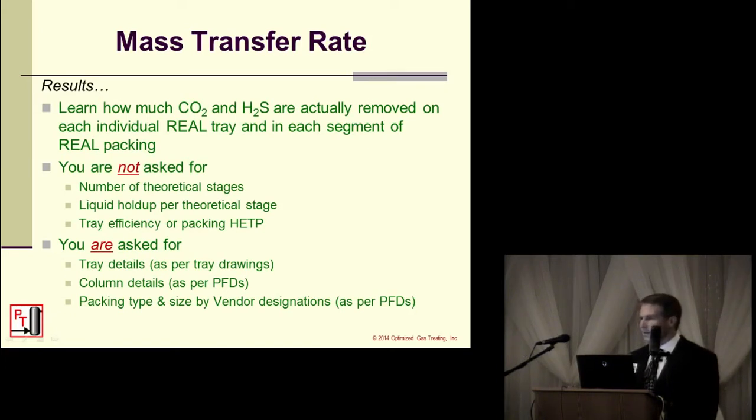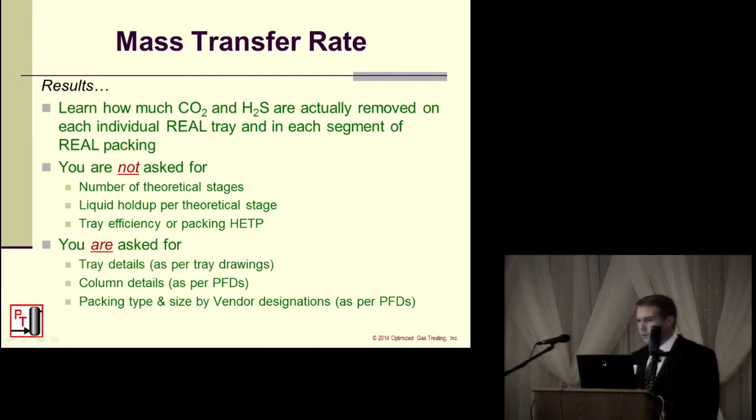Now packing. What we're doing there is you'll take, say, a 10-foot tall bed of packing, and we chop that up into discrete segments. And much like integrating the area under a curve, we're solving each chunk of area and integrating that down through the column.